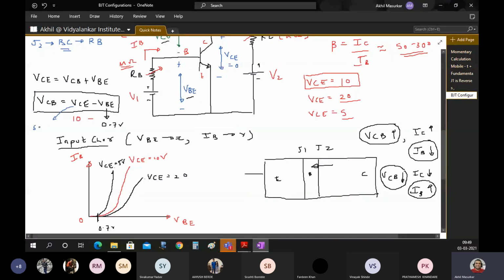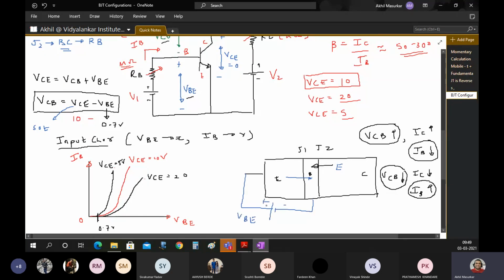the electric field, you are trying to increase the electric field, but the rate at which electrons are injected from emitter to base is always constant, because that depends upon what you are applying here. That is plus minus, let's say VBE. That is what you are going to apply.